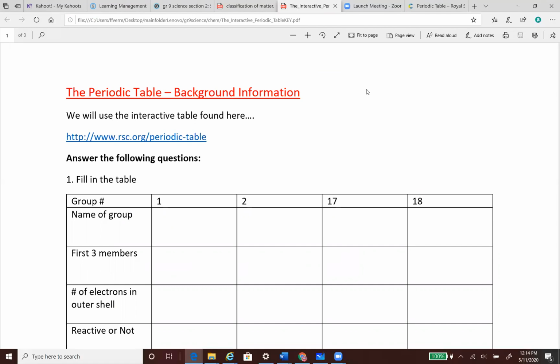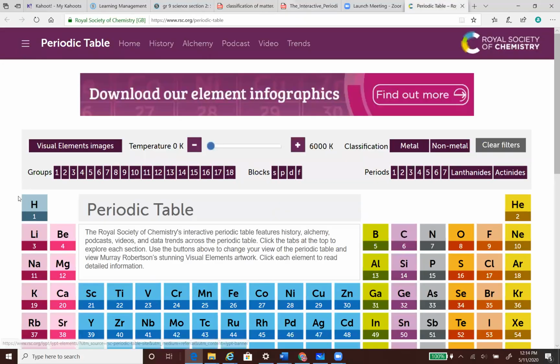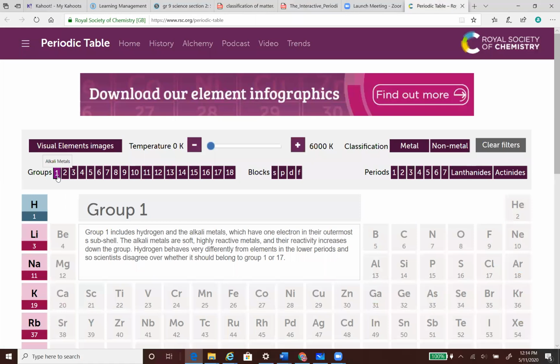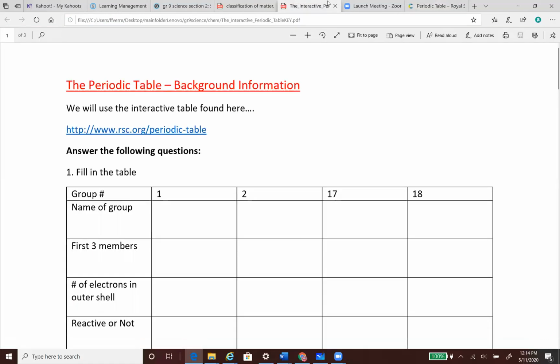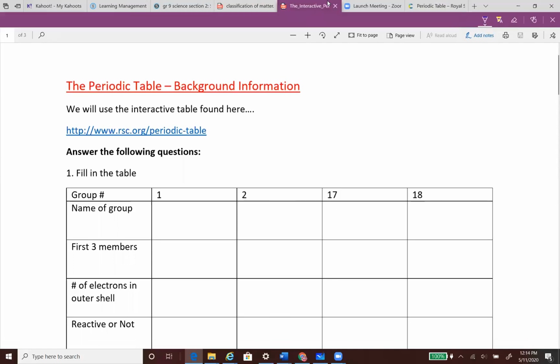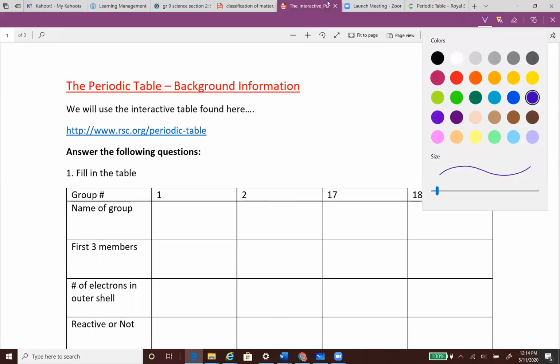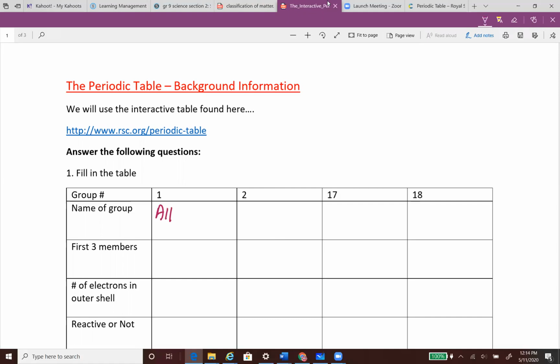So if you remember, group 1 is the first column. So that would be this group. So group 1, they're called the alkali metals. So we're going to call them the alkali metals. These are called the alkali metals. Group 2 is the second column, and they're called the alkaline metals.